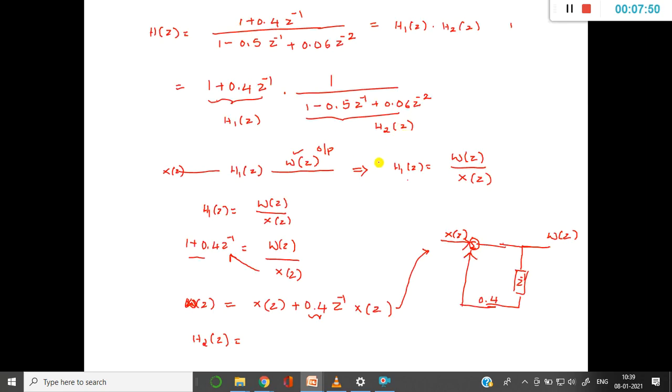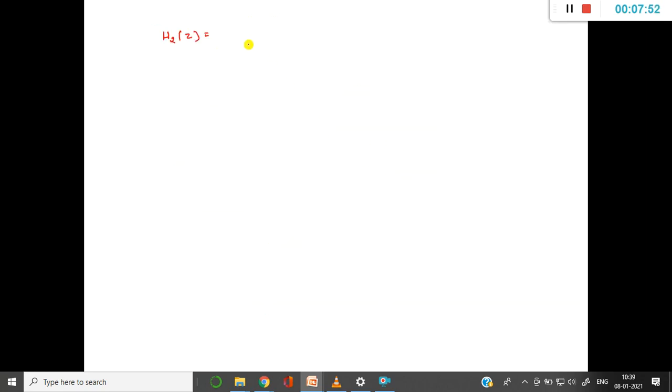Output is Y of z. H2 of z is implemented by considering the intermediate stage W of z and Y of z, right? Now in the form of an equation, H2 of z is equal to Y of z divided by W of z.